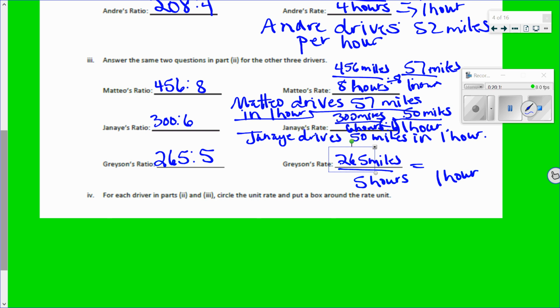So how am I going to do this? Divide by 5. Going from 5 to 1 is divide by 5. That's how I got there. So I'm going to take 265 divided by 5, and what does that give me?